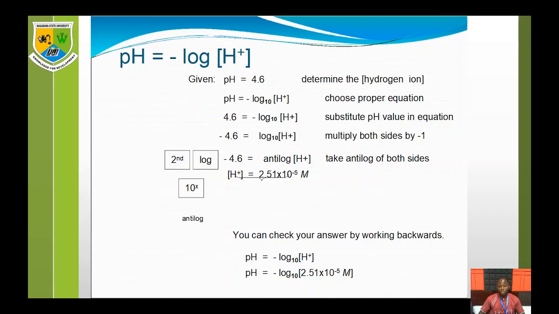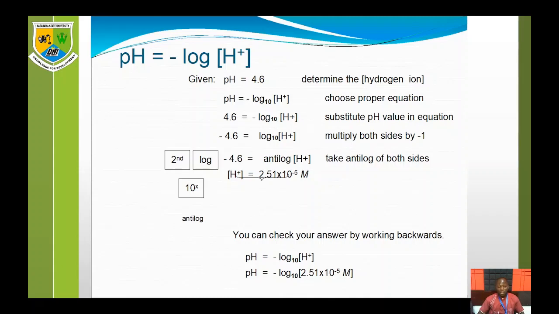You choose a proper equation, which is pH equals the negative log to base 10 of hydrogen ion concentration. Then substitute the pH value, 4.6, since you have been provided that the pH value is 4.6. So it's going to be 4.6 equals negative log to base 10 of hydrogen ion concentration.